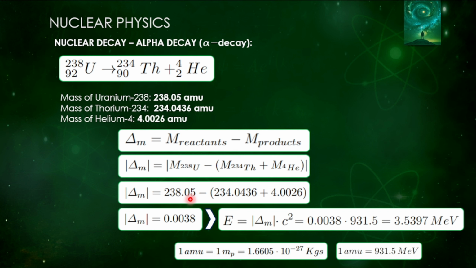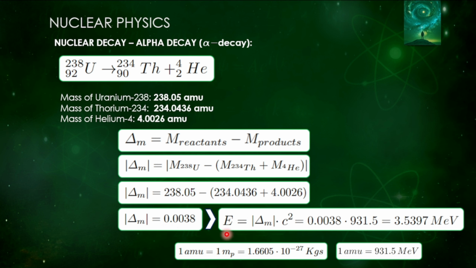So 238.05 minus 234.0436, you see it is close to the mass number, plus 4.0026, which is the mass of a helium atom. All right, so the mass deficit is equal to 0.0038.